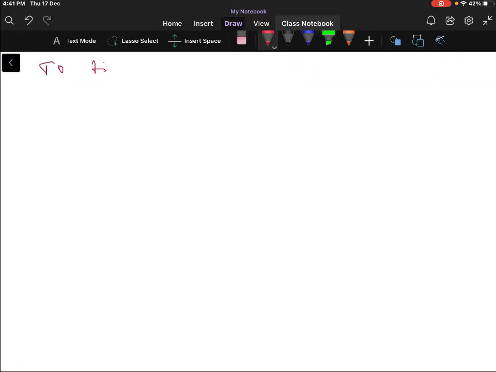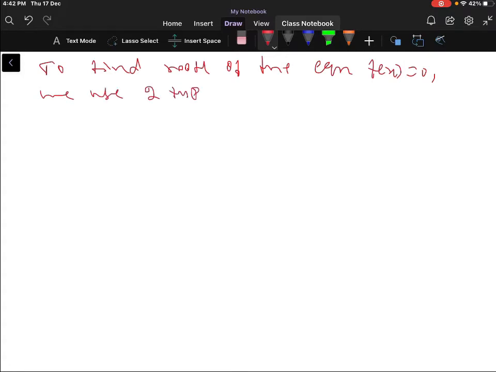To find roots of the equation f of x equal to 0, generally we use two types of methods.